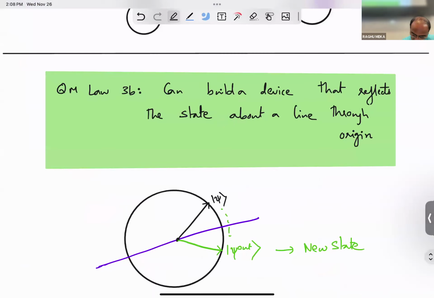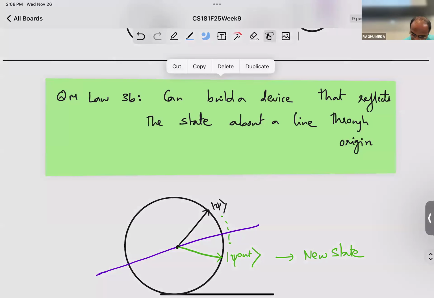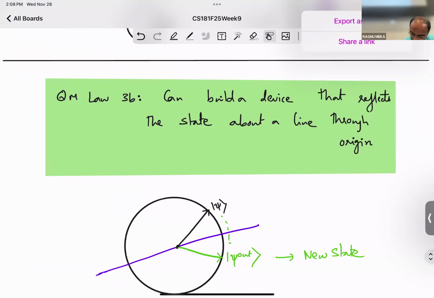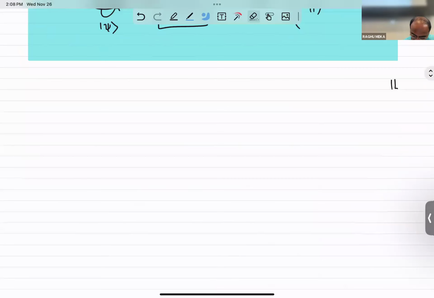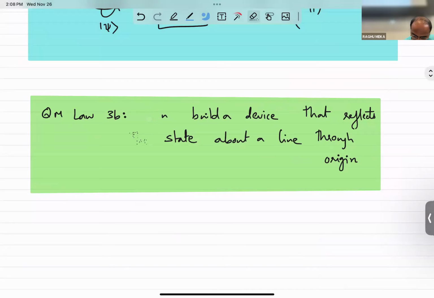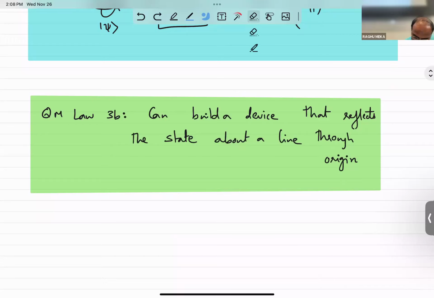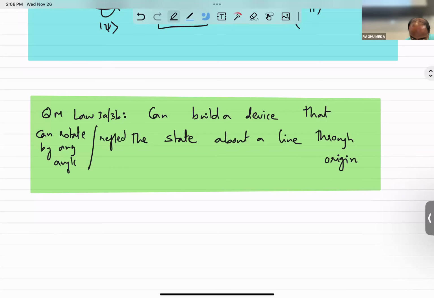And lastly, we had law 3A, 3B: devices that can rotate by any angle or reflect the state.